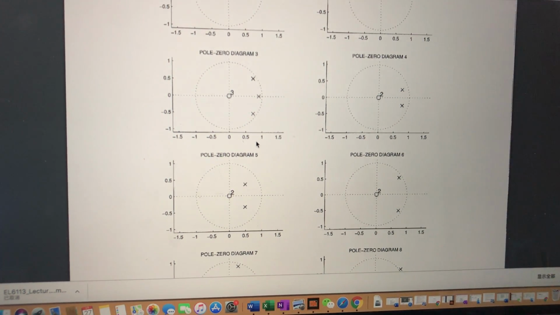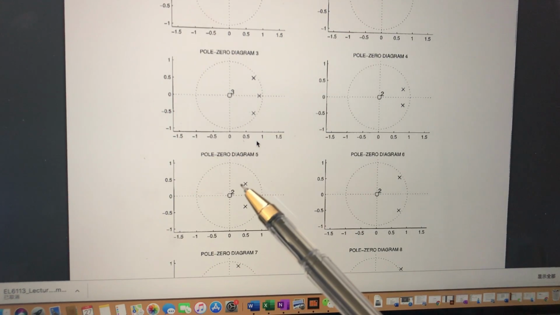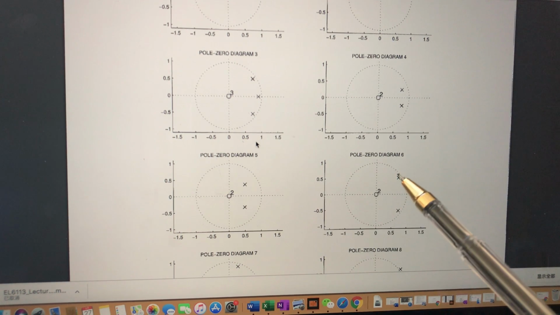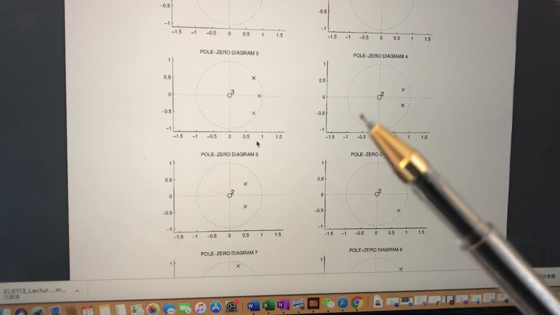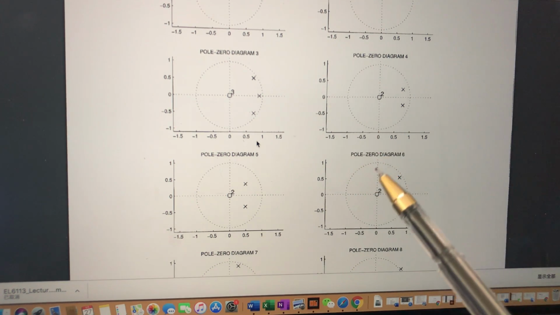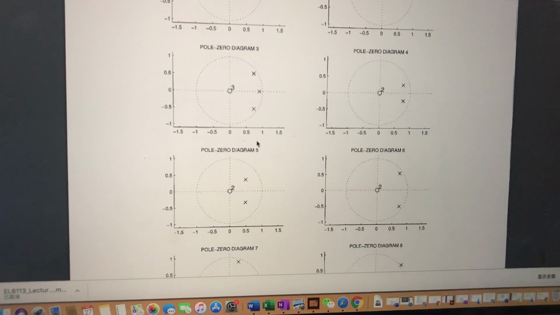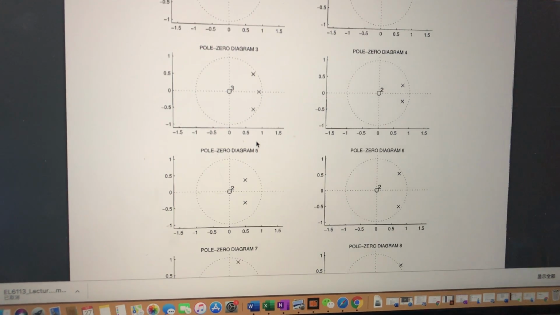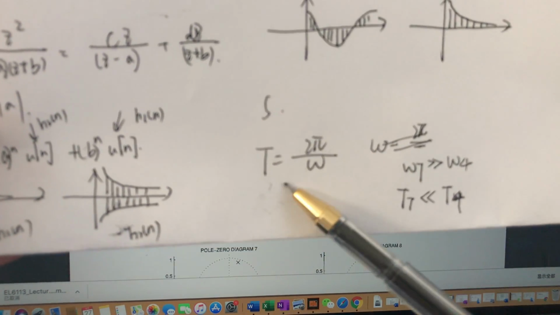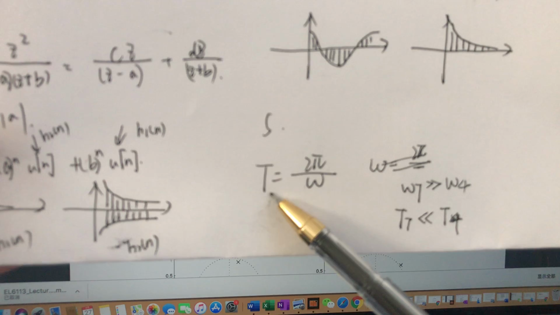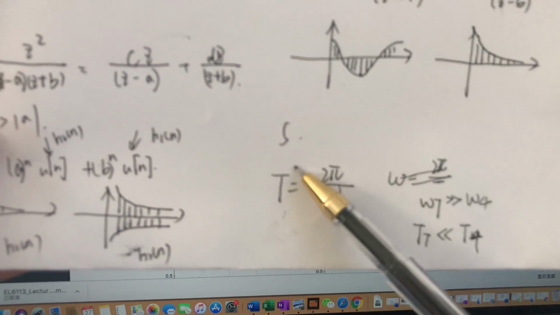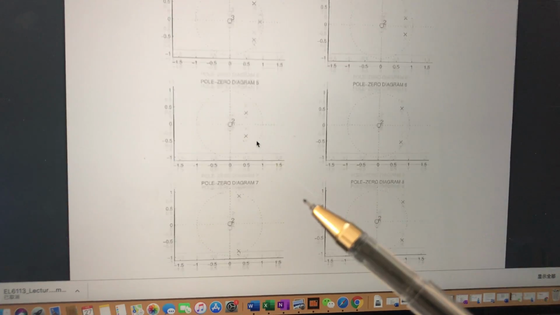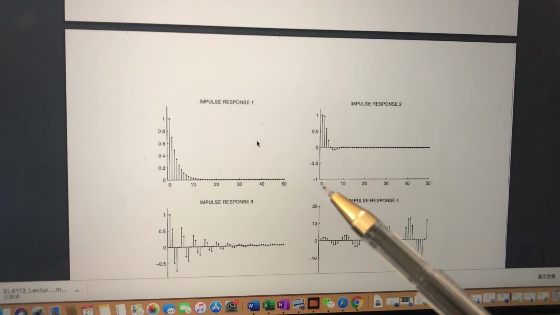Since the distance between the pole and 0 in diagram 5 is smaller than that in diagram 6, which means the speed of convergence is much faster in diagram 6. So since we know the equation between the frequency and period, and they have the same frequency, they have the same period. So let's try to find that.